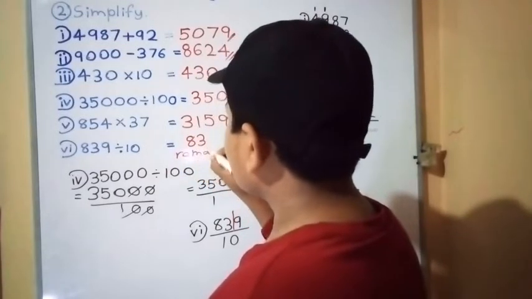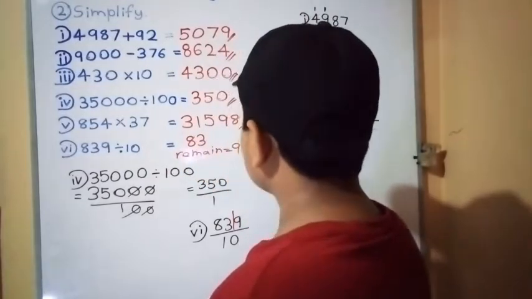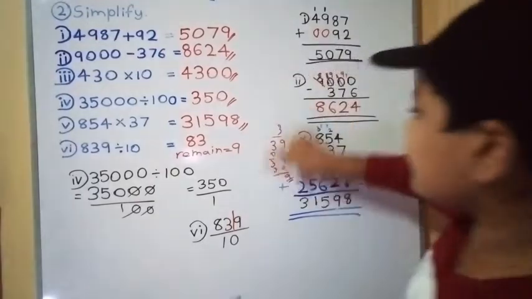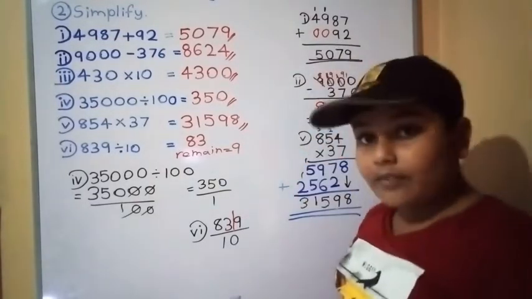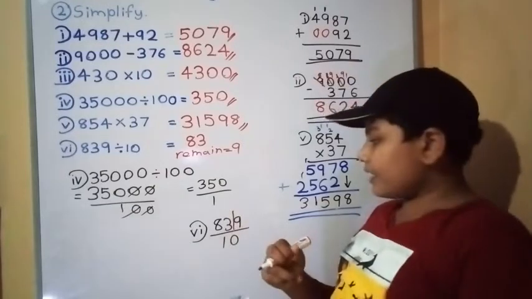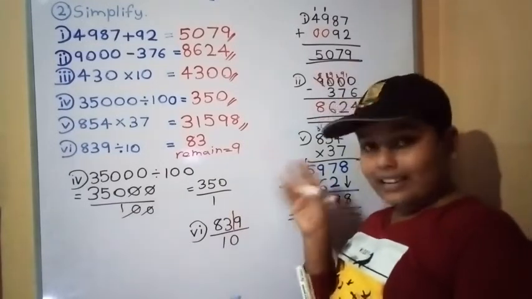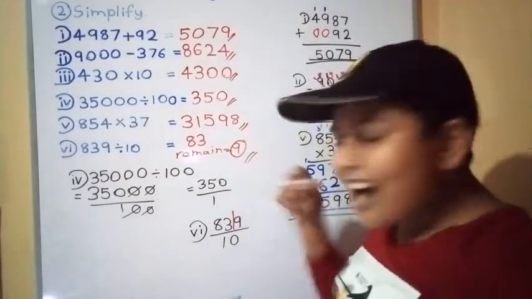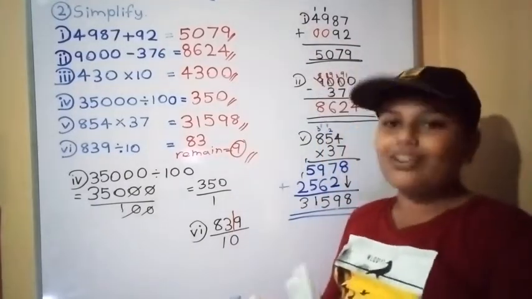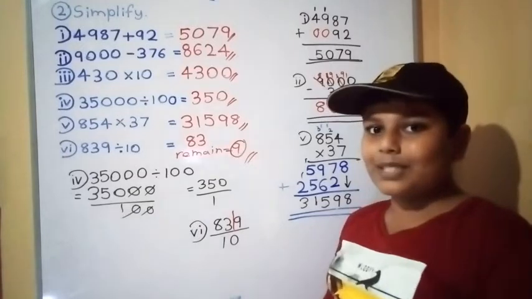Remain 9. I erase this. You want to divide 839 by 10 like I did last time. Now remain 9 is the answer. Now for this sixth one, divide like this.